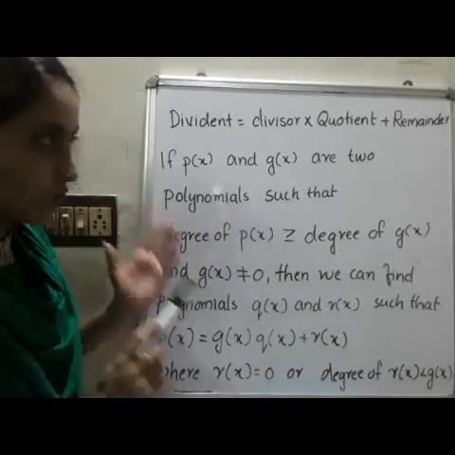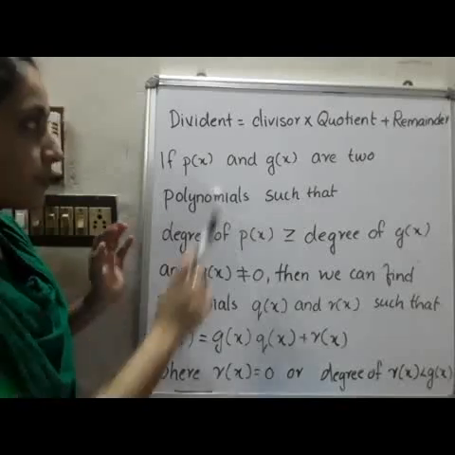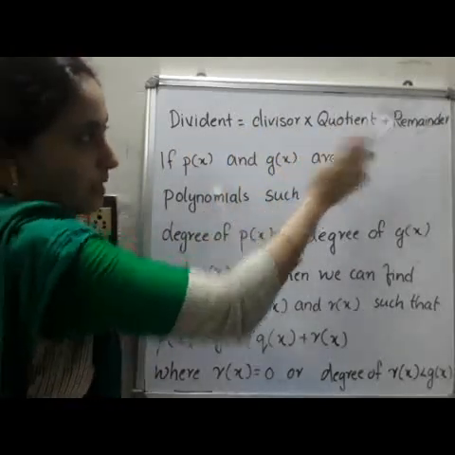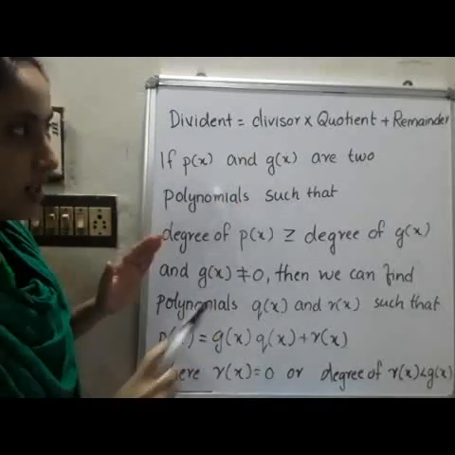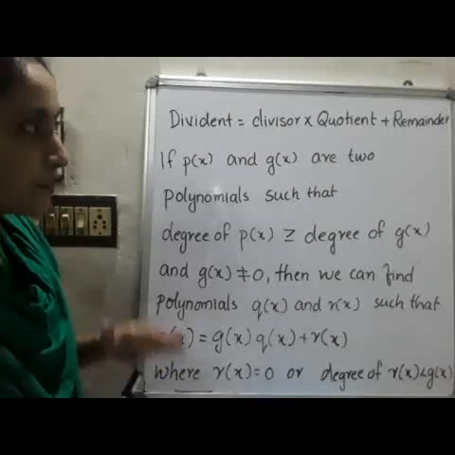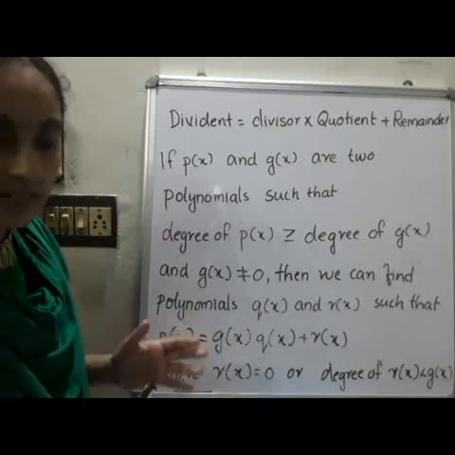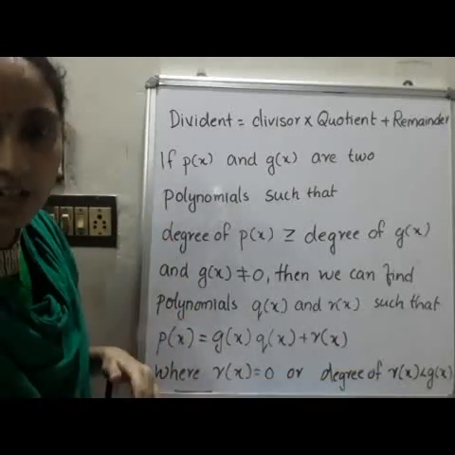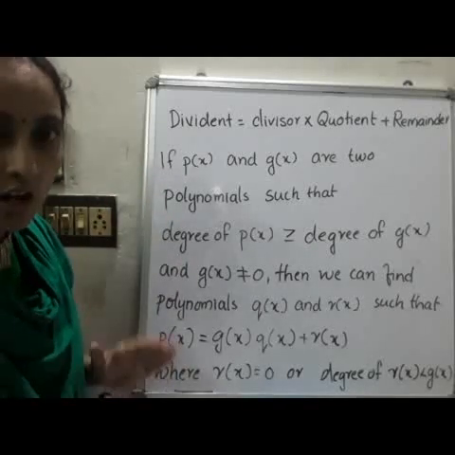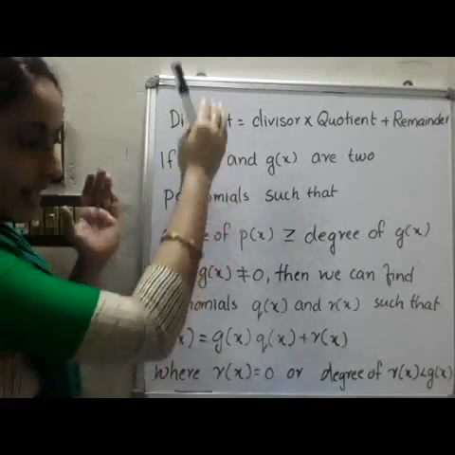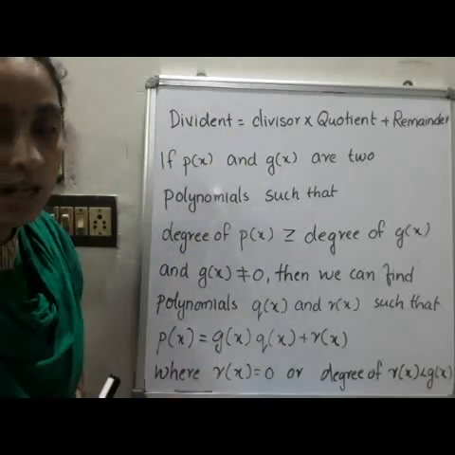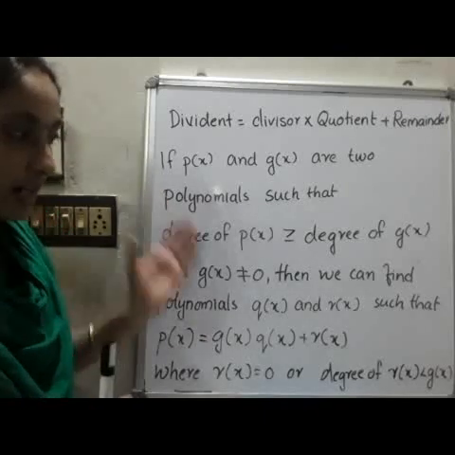What are the polynomials? q of x and r of x such that p of x is equal to g of x into q of x plus r of x, where r of x is equal to 0, that means remainder is equal to 0, or the degree of r of x is less than degree of g of x. This much you have to write in your note. Write the heading and write this much. Okay, then we will move to the next section, that is remainder theorem, continuation of this.